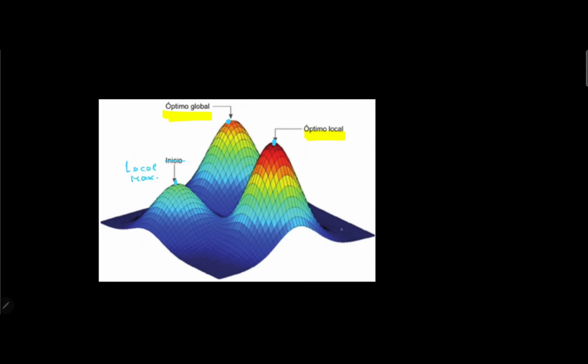Okay, and the same with the minimum. Also, it's not so obvious, but with the maximum it's very easy to understand that it works the same way as with the one variable functions.